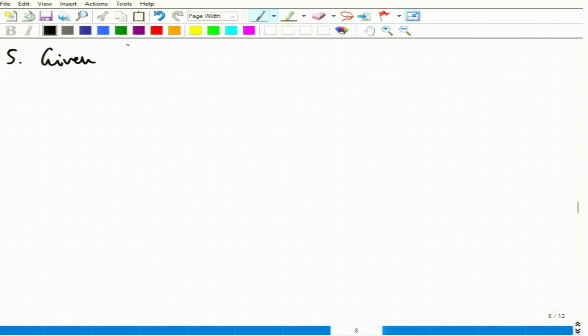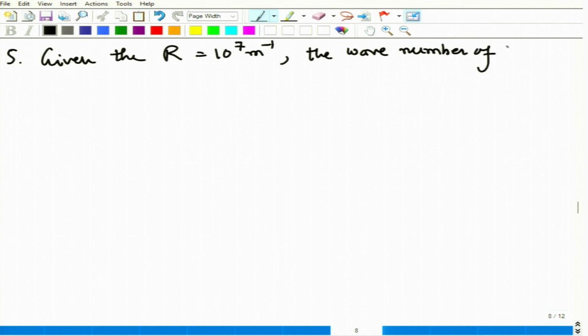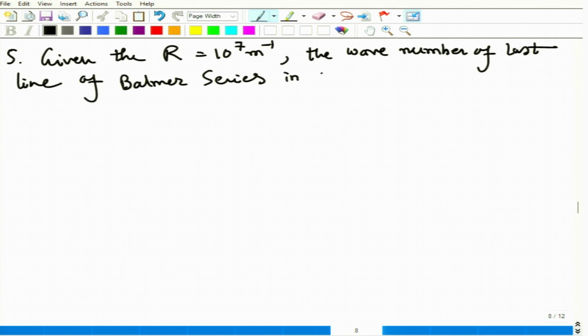Given the value of Rydberg constant 10⁷ meter inverse, the wave number of the last line of Balmer series in hydrogen spectrum will be. Again there are 4 options.